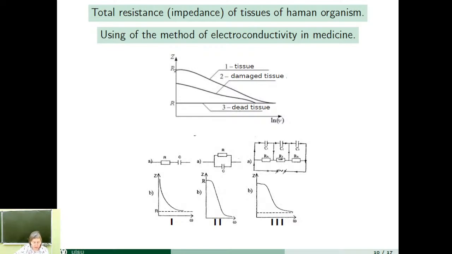And with a parallel connection of these elements, we get circuit 2.